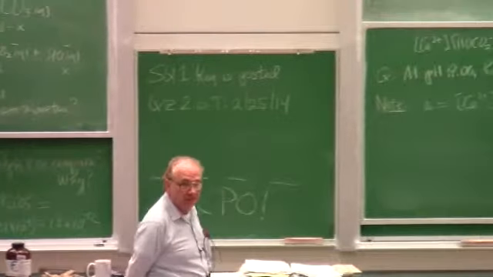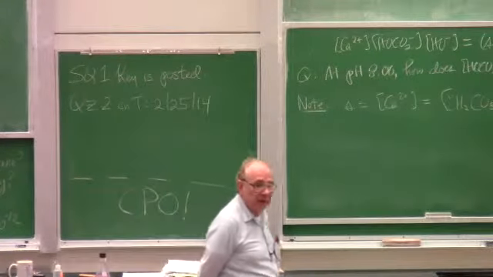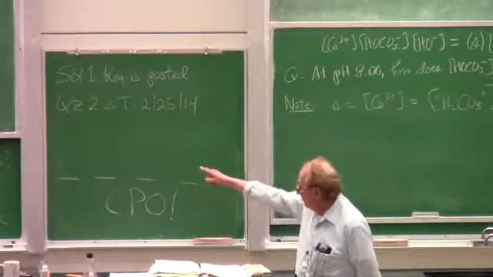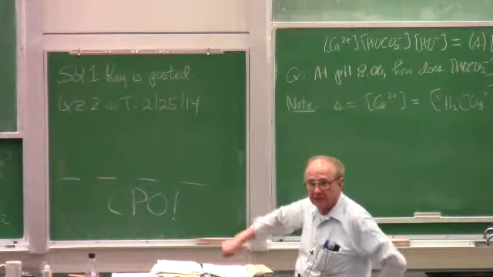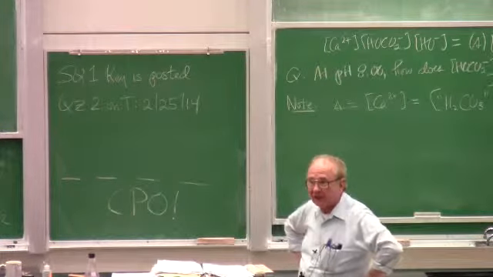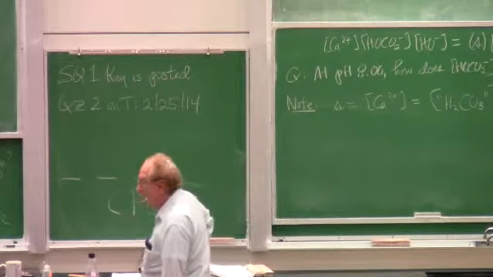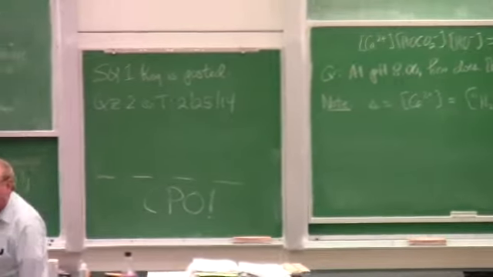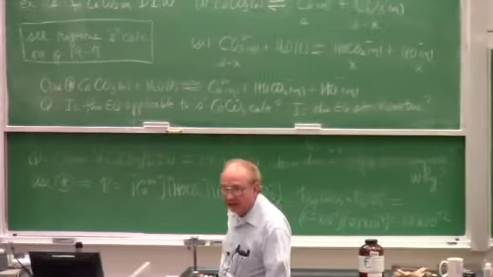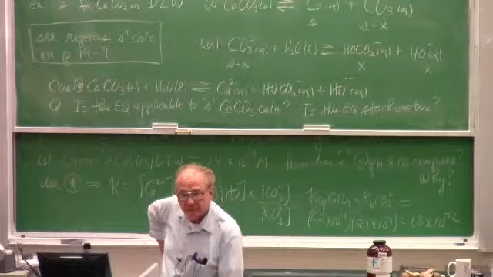Because I need to know the answer to this in order to evaluate K for this equilibrium reaction. Because K for this equilibrium reaction is not given. Of course, it's in the notes. But it's not an equilibrium reaction for which the K value will be look-upable in any book, unless I write the book.